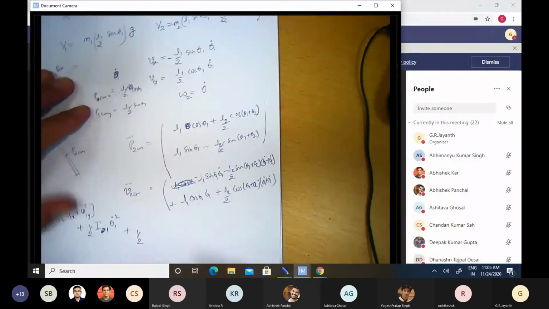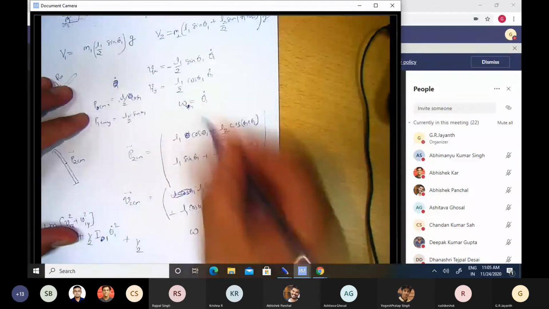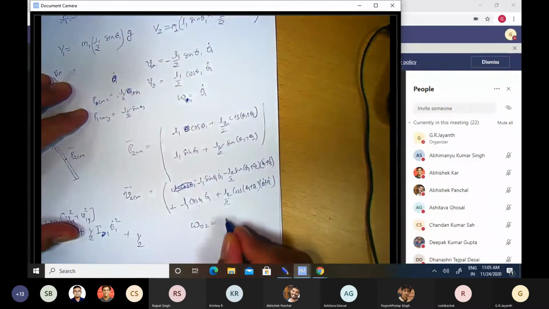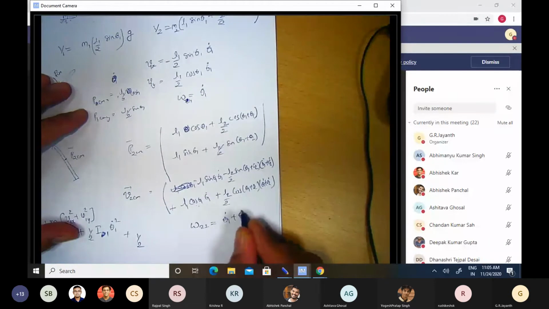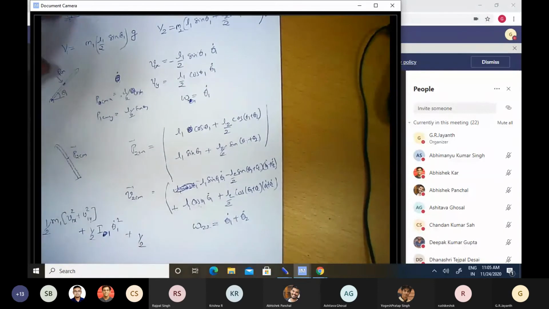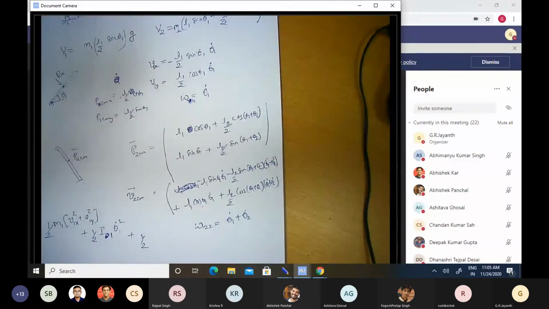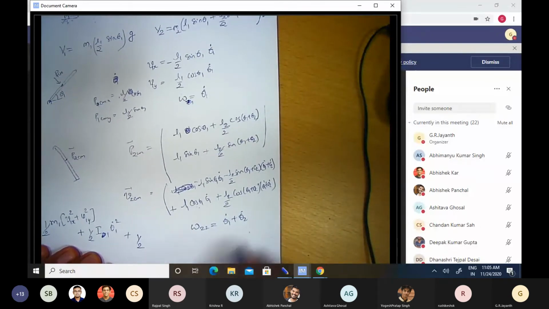Therefore, the angular velocity omega z2 will simply be equal to theta 1 dot plus theta 2 dot. Net angular velocity will be the sum of the angular velocities of the first link and the second link with respect to the first link. That's it. So the kinetic energy associated with rotational motion for the second link will be half I2 times theta 1 dot plus theta 2 dot, squared.